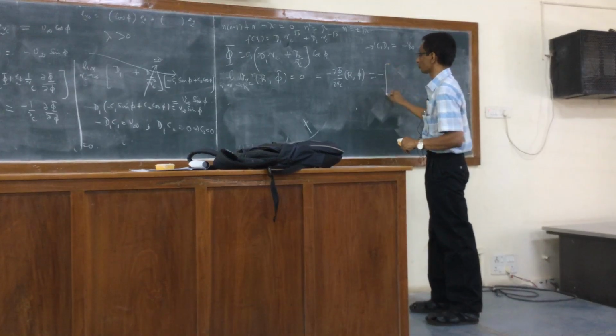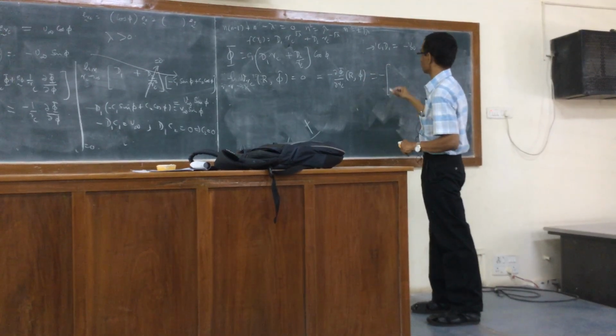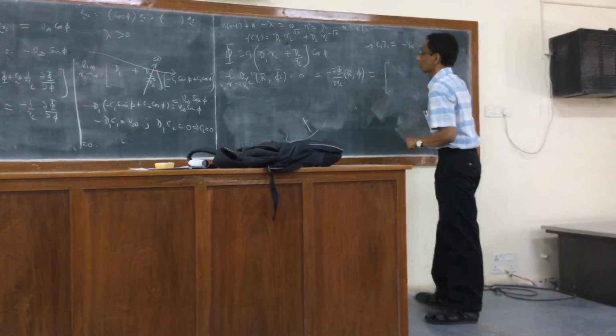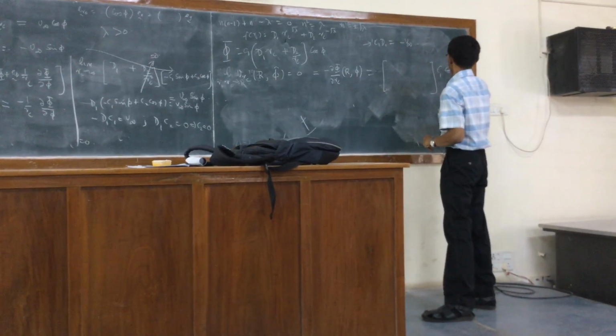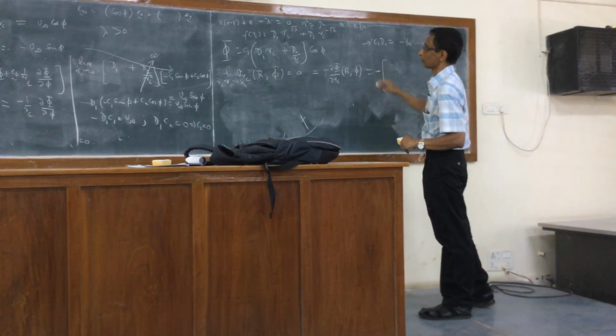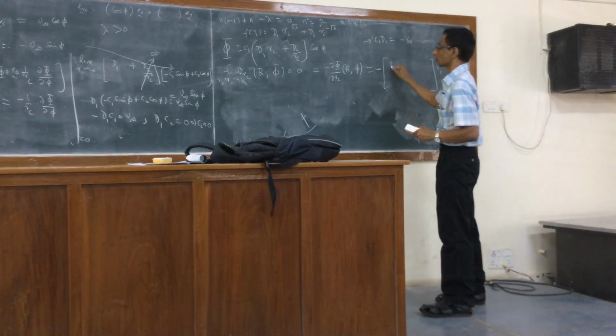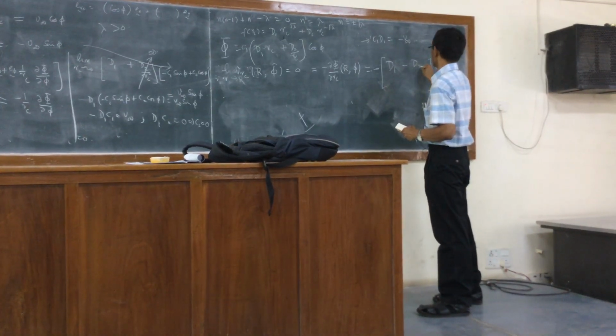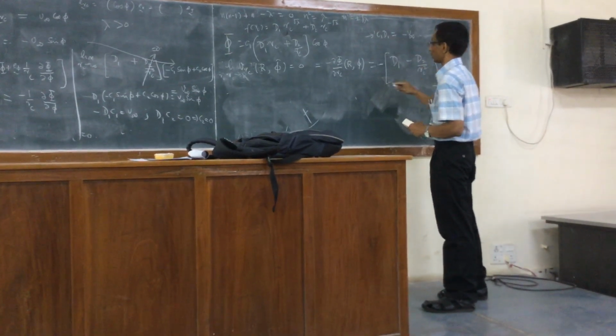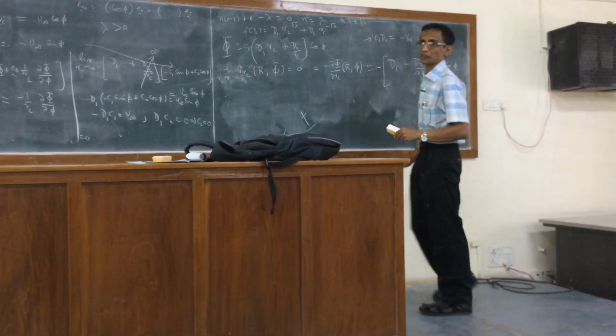So I have C1 cos phi outside. Then I have a minus, but it's going to be equated to 0. So I have D1 minus D2 by R_c squared equal to 0 effectively.